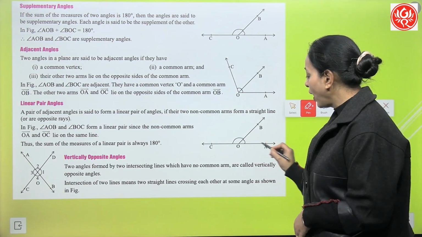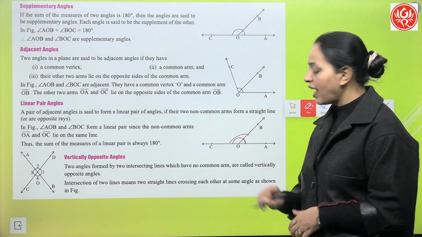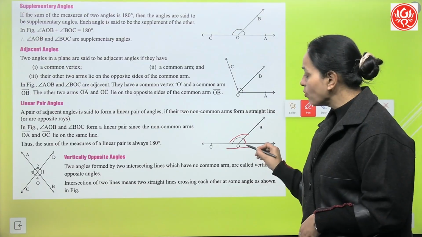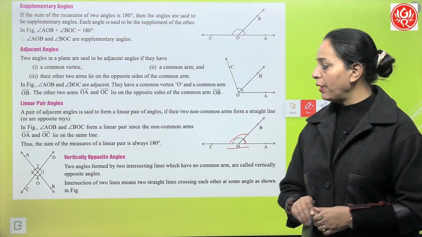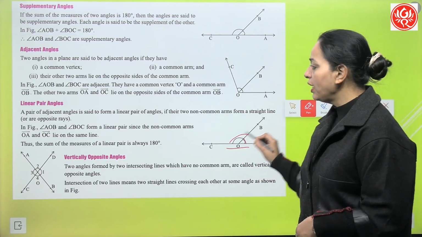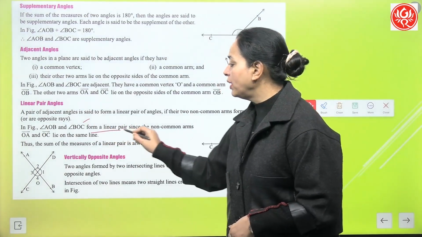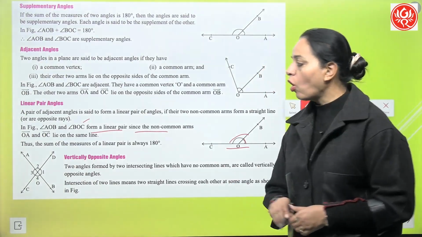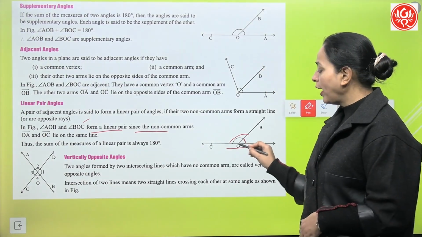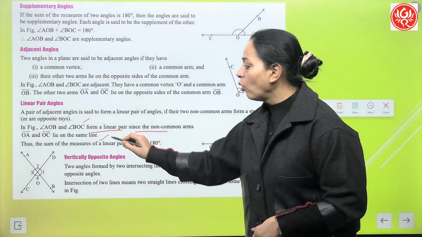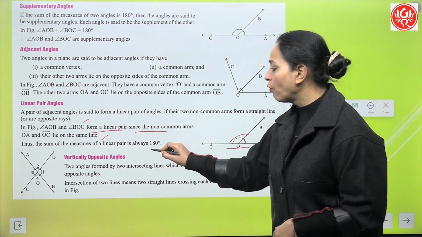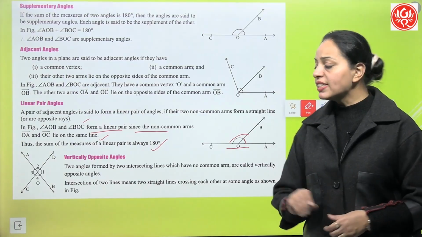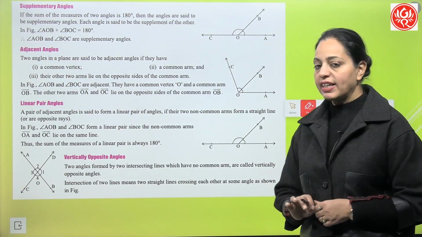See, we have two angles and if these are adjacent and their sum is 180 degrees, then this is said to be linear pair. You can see angle AOB and angle BOC form a linear pair since the non-common arms OA and OC lie on the same line. So thus the sum of the measures of a linear pair is always 180 degrees.